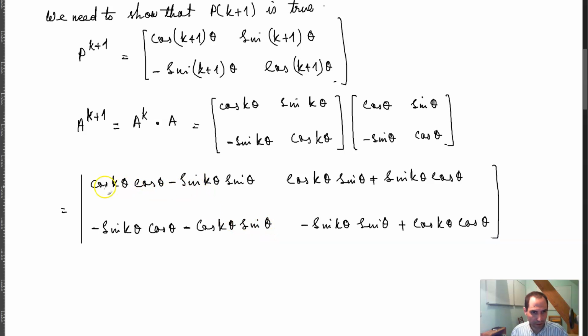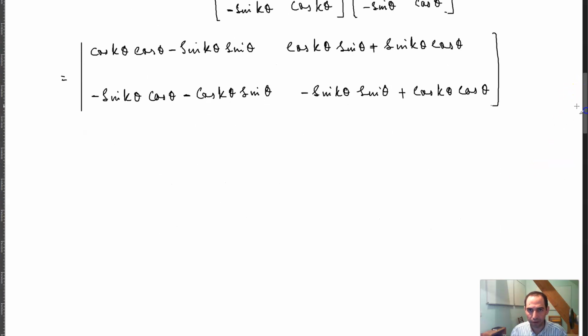Now this is the same thing as cos k theta cos theta minus sine k theta sine theta. That is the same thing as cos x cos y minus sin x sin y, which is the same thing as cos of x plus y, right?